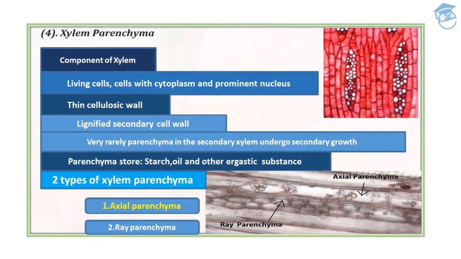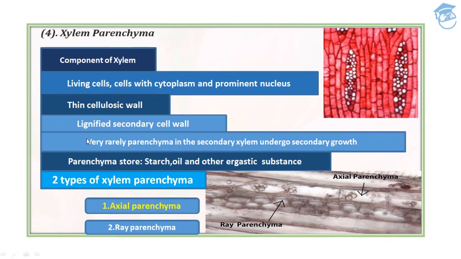Okay. Then the fourth type of cell which is found in xylem is xylem parenchyma. It is a component of xylem. It is a living cell, with cytoplasm and a prominent nucleus. Okay, that means xylem parenchyma has so much cytoplasm and a prominent nucleus.